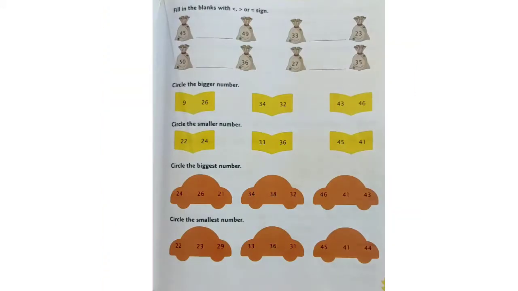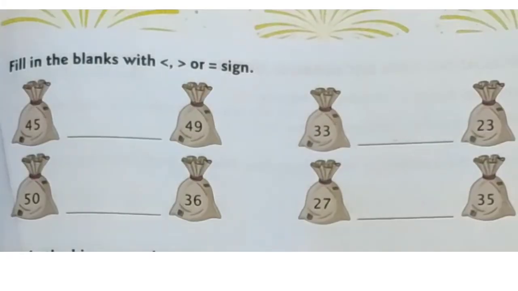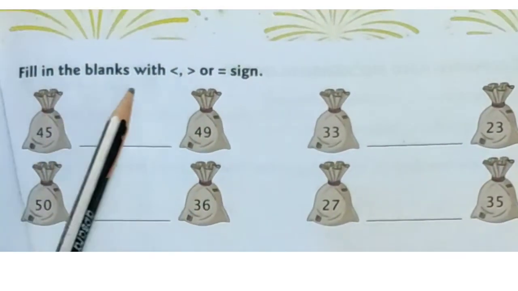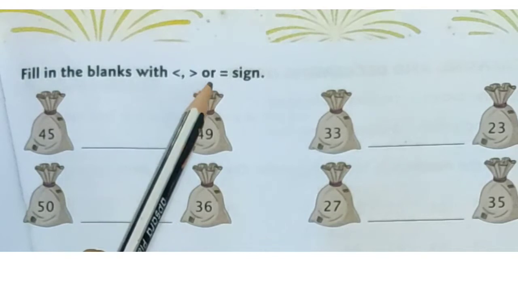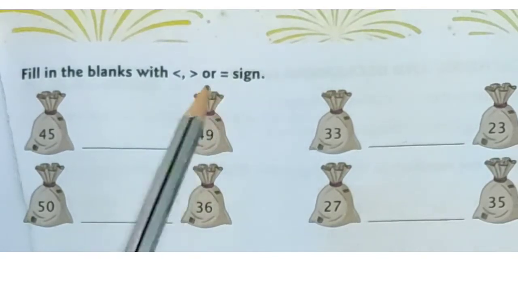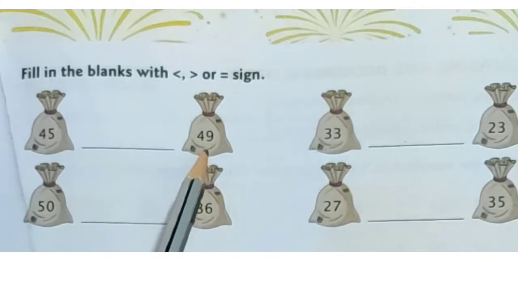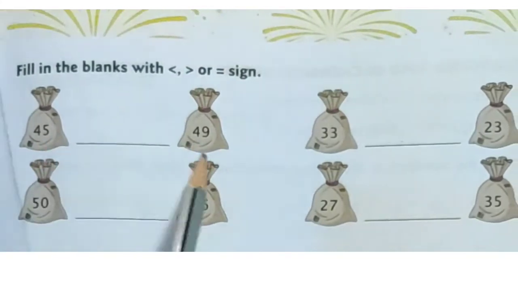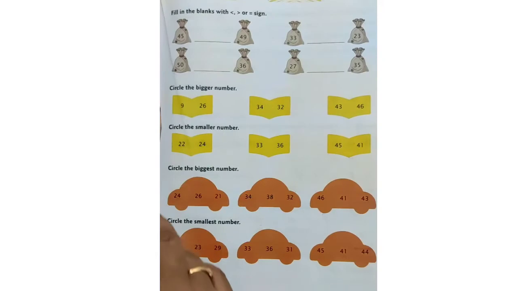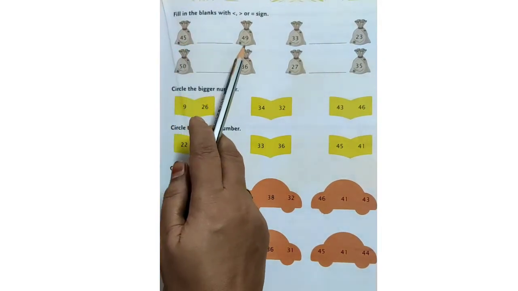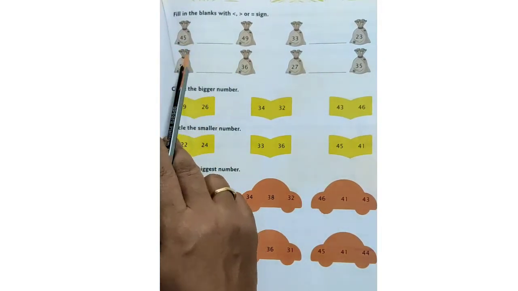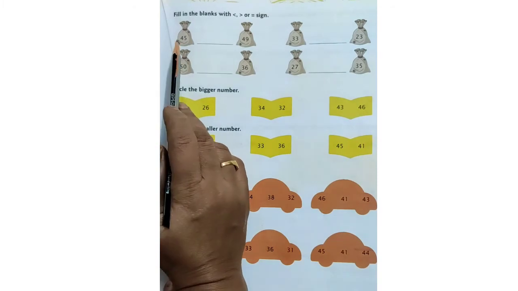All of you open page number 81, children. Write today's date. Here we have the first heading: fill in the blanks with less than, greater than or equal to sign. The first question is 45 and 49. Both are 2-digit numbers, so compare the tens place first.